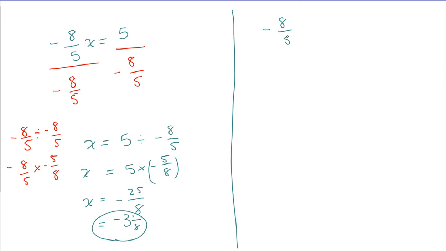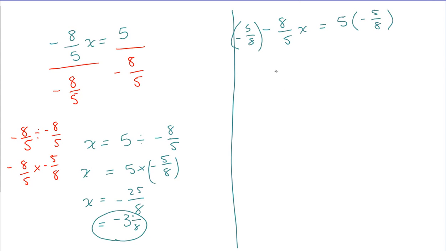So -8 over 5 x, we're just going to do the same problem. All we need to do is multiply each side by the reciprocal of -8 over 5. So we're going to go right away, -5 over 8, times -5 over 8.